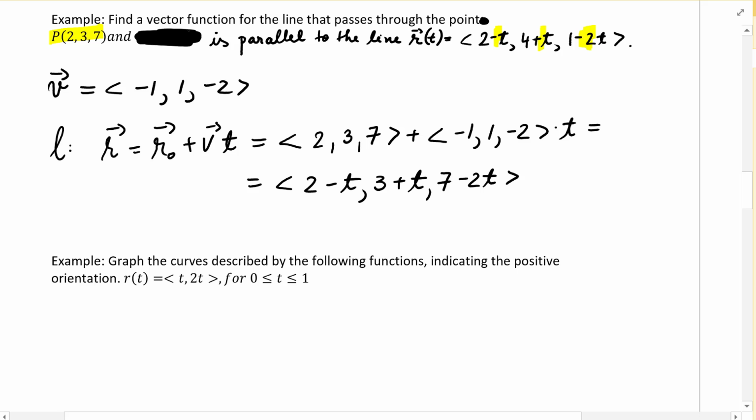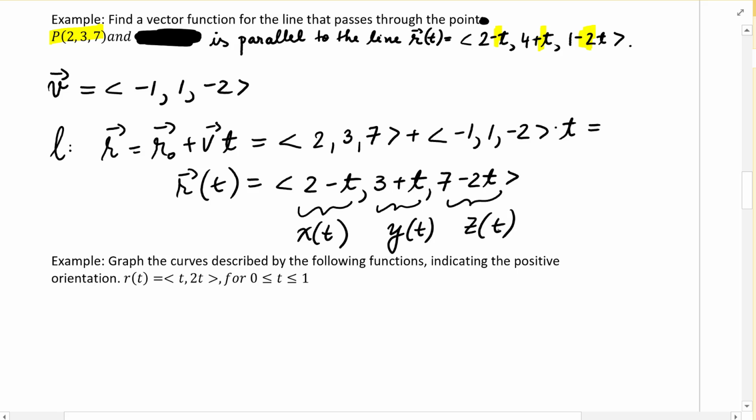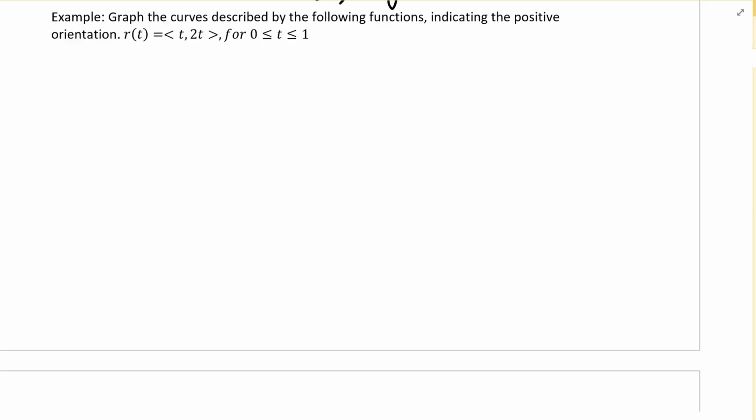So this is the vector function r of t, given in terms of x of t, y of t, z of t, and we can say that t is any real number because there is no restriction for any of these functions. They are linear.